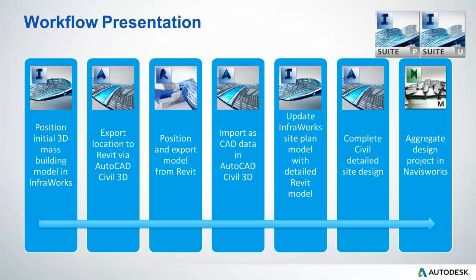We also want to keep the model in InfraWorks updated and add the more detailed Revit model. And as we've completed the civil detailed design, we want to update any changes in Revit in terms of height and then aggregate the final BIM project in Navisworks.